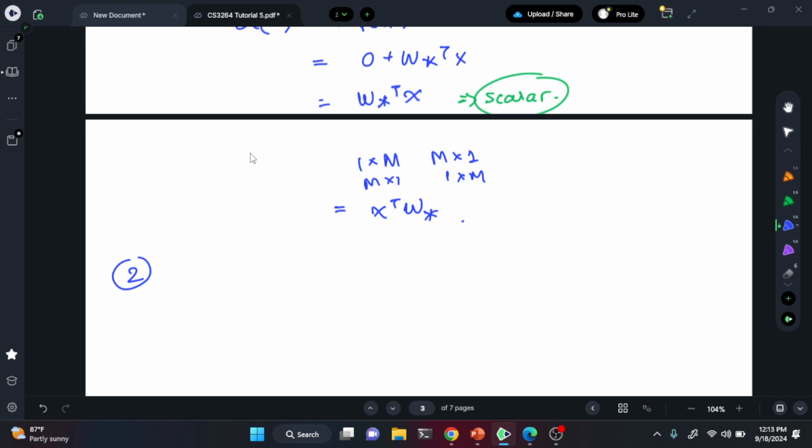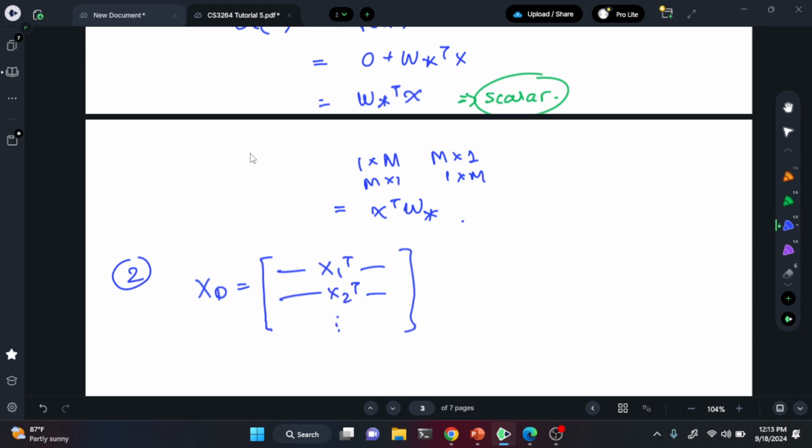For us to easily visualize this, we can construct this XD such that it will be an array where this is x1 transpose, this is x2 transpose, so on and so forth.